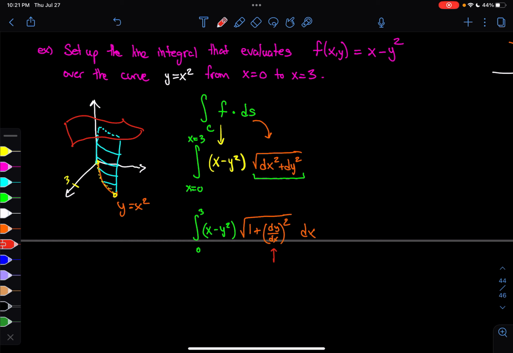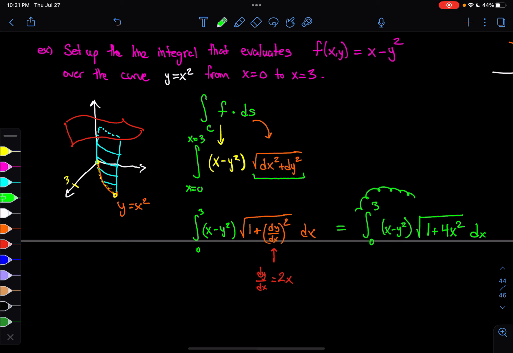Again, our dy/dx here is going to be equal to 2x. And so our very final setup is going to be the integral from 0 to 3 of our function, x minus y squared, times the square root of 1 plus 4x squared, dx. And we would have to evaluate this. Hip, hip, hooray. Not too bad.